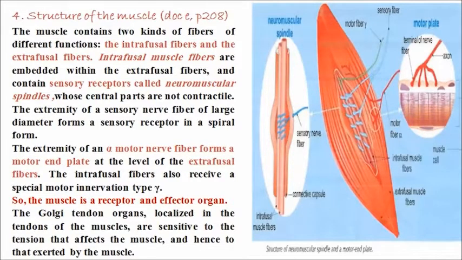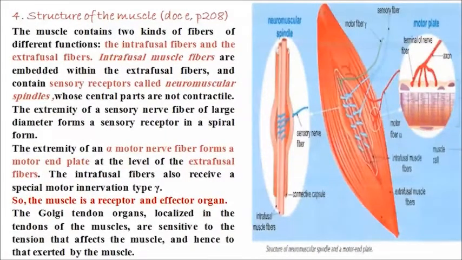Now, the intrafusal fiber here also have a motor fiber, which we call the gamma motor fiber, which is innervating it. Now, what is the role of the gamma motor fiber here? We're going to talk about it later on.